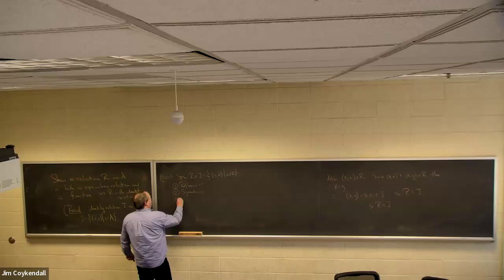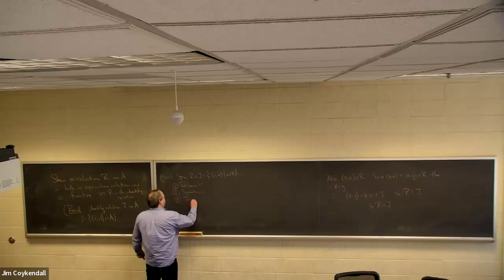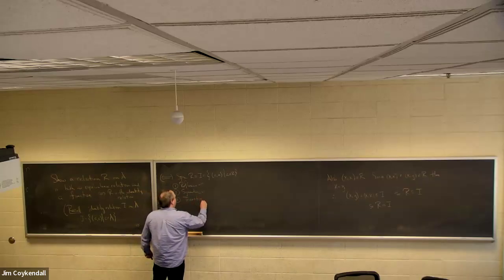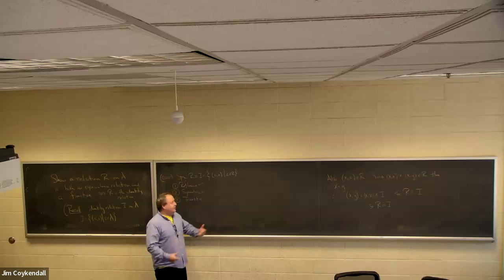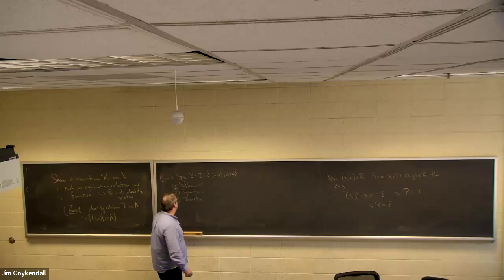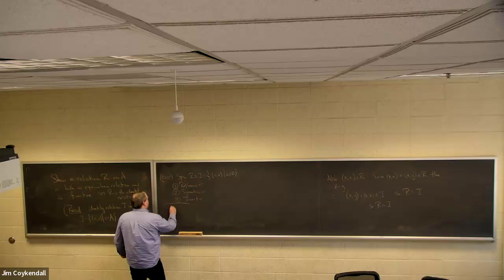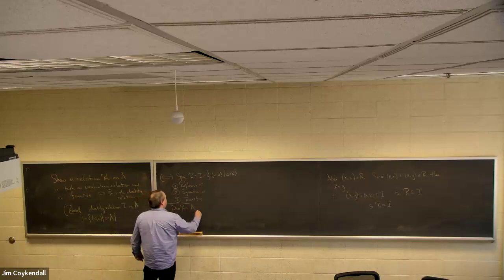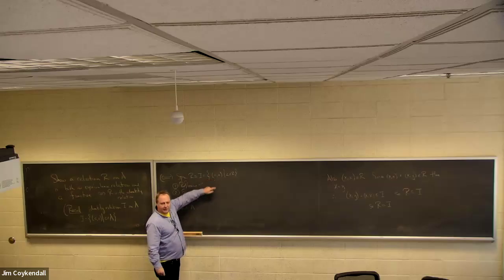And in a very silly way, it's transitive, because the only transitive relations are pairs like A, A plus A, A. The domain of R is equal to A, because everything goes here.